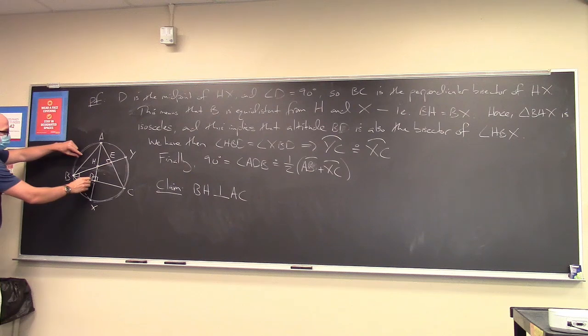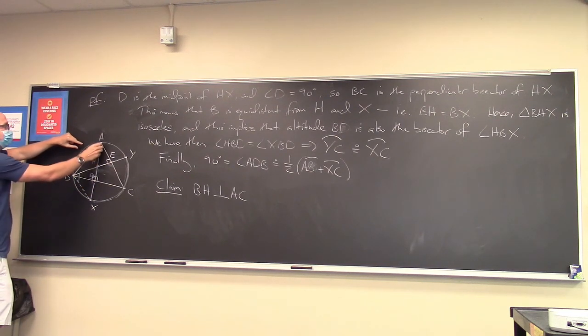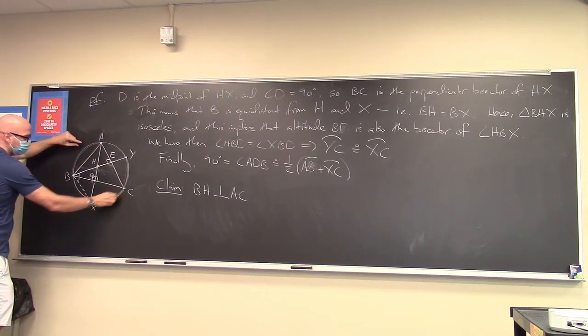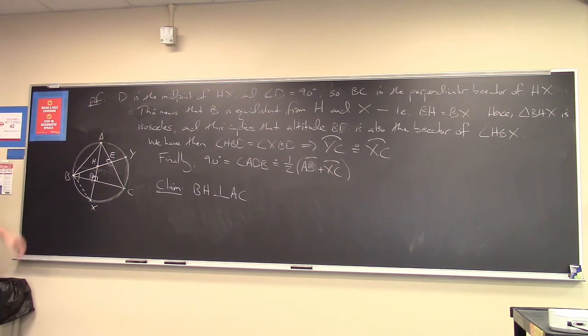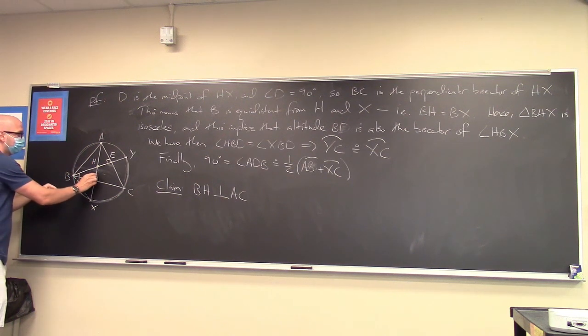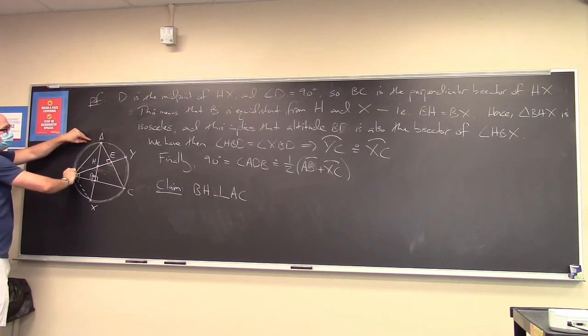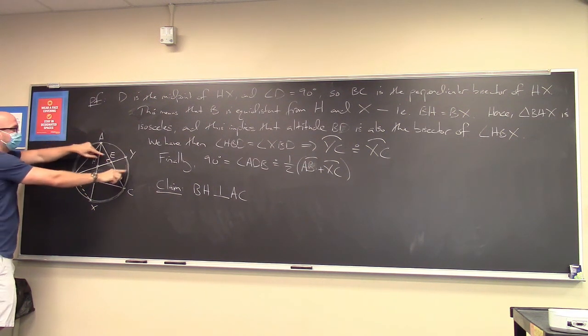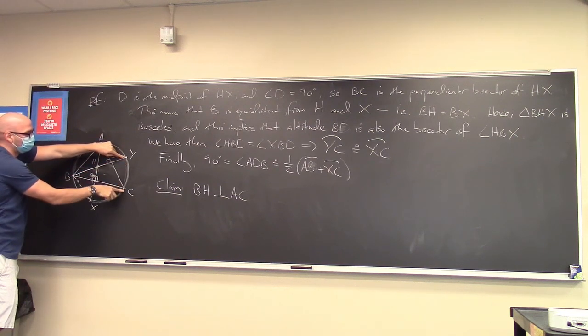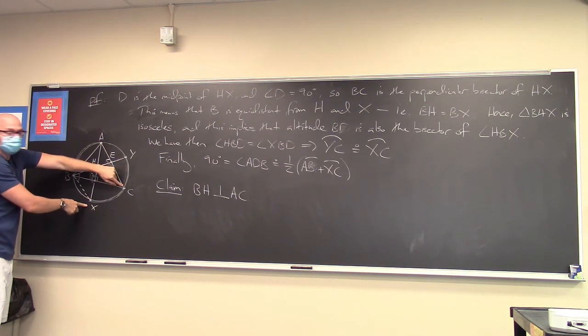All right, so this angle here, I know this one's 90 by assumption, and that's the average of these two arcs. So the observation is, and you'd make this before you start writing any of this stuff, is that I can almost relate these two angles. This one looks very much like this one because at least it subtends 1/2 of the same arc. Unfortunately, this guy subtends YC and this guy subtends CX.